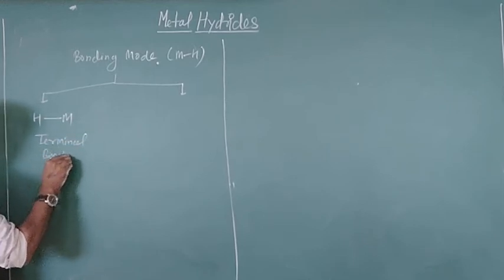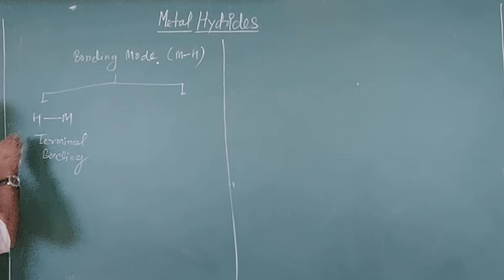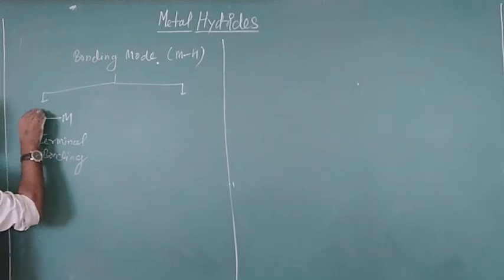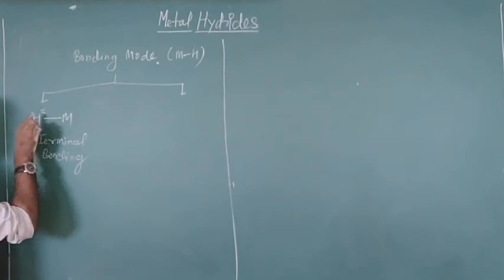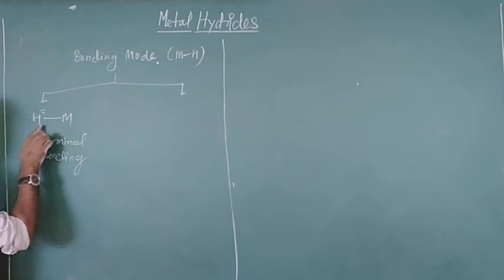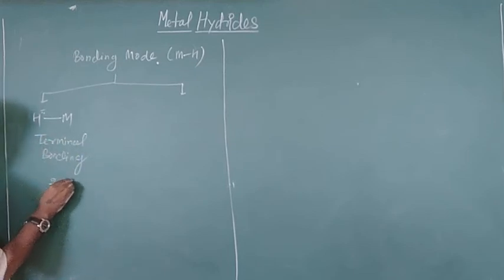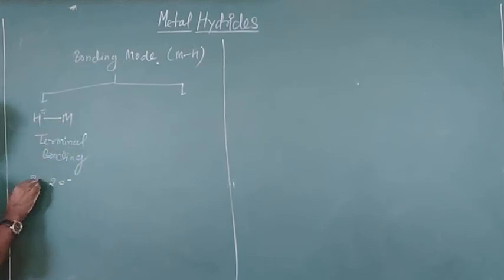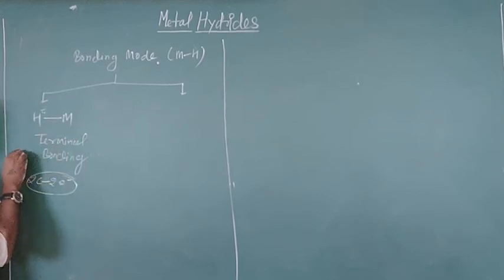Here the hydride ligand has one lone pair, that is 2 electrons, so these 2 electrons involve 2 centers. This is 2 center, 2 electron bonding.